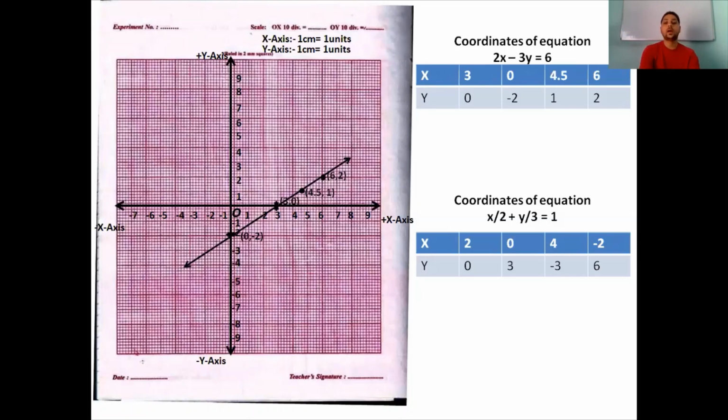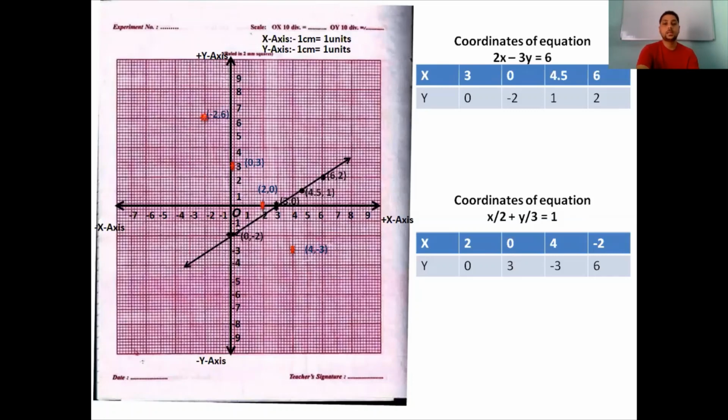Understand? Then we have the coordinates of the equation x over 2 plus y over 3 is equal to 1. First point is (2, 0). So the first point lies here, x is 2 and y on this point is 0. Then we have (0, 3), x is 0 and y is 3 here. Then we have (4, -3).